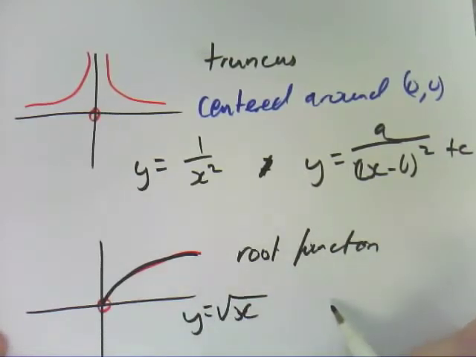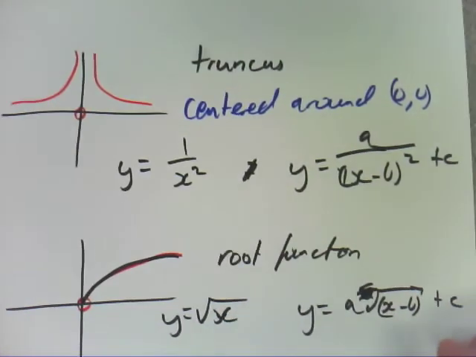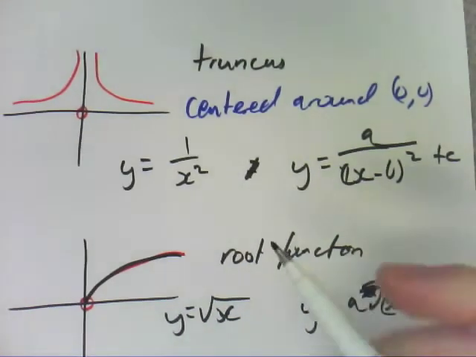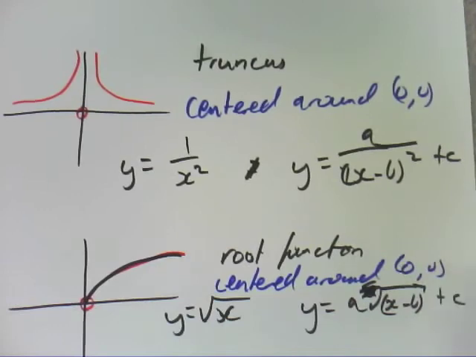The translation form is y equals a square root of (x minus b) plus c. That a is not inside the root, it's out the front, it's multiplied. Again, I would center it around 0, 0 and move it from there.